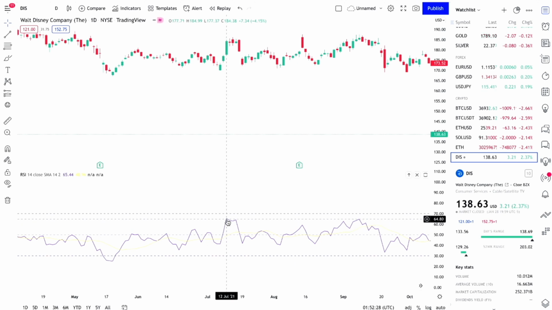And the price was $184 roughly, and it had a momentum in the RSI up to 65.72.